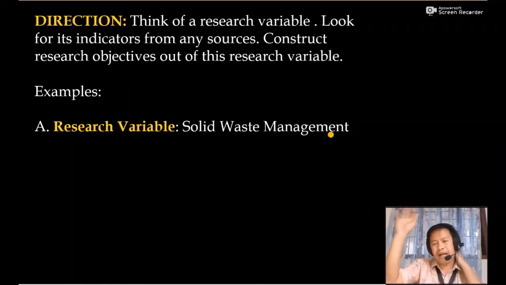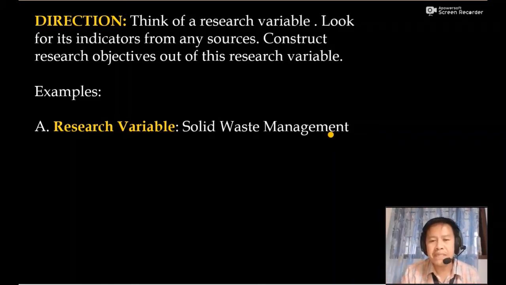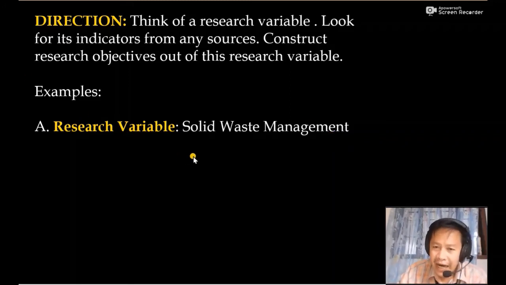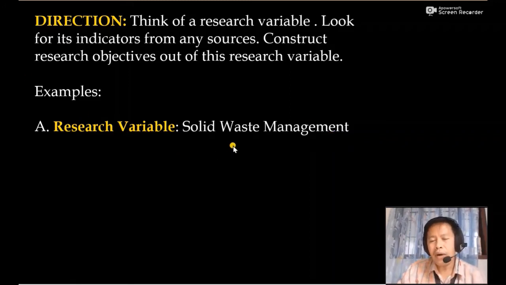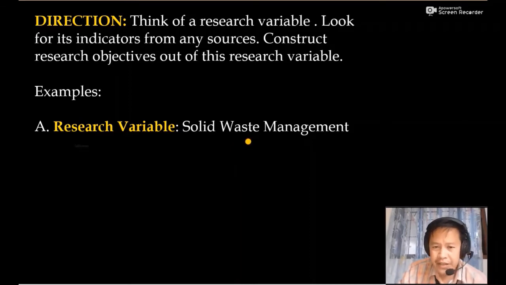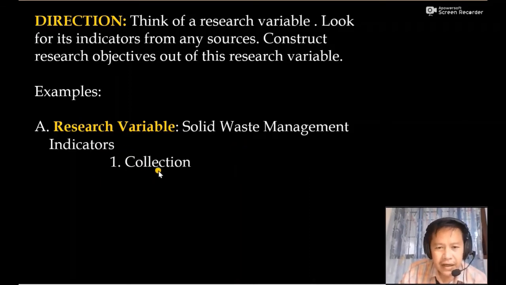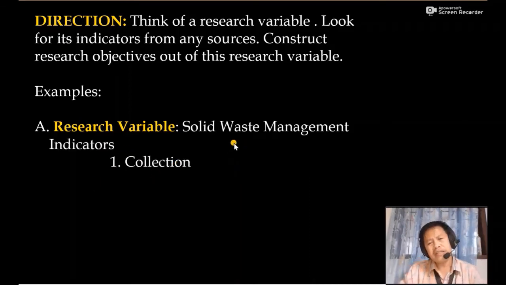After conceptualizing all of these research problems and indicators, you are going to make a structure which will illustrate the connections of the variables that you have as well as the indicators. Now, what are the indicators of solid waste management? It could be collection, yes. Because if you are going to have solid waste management, you need to collect.